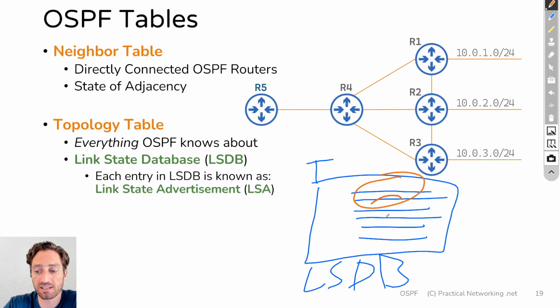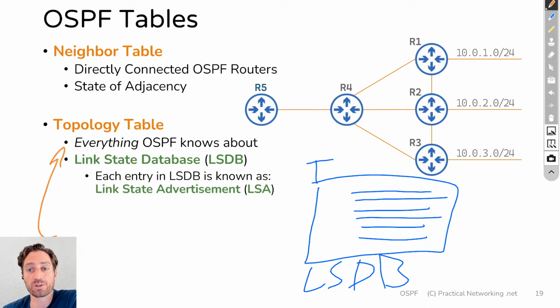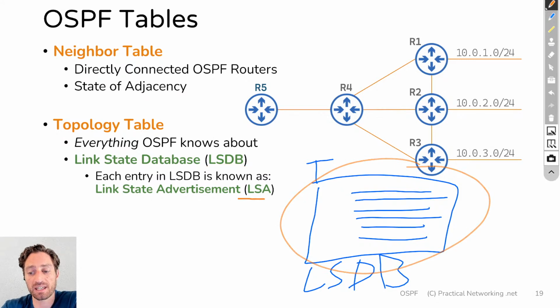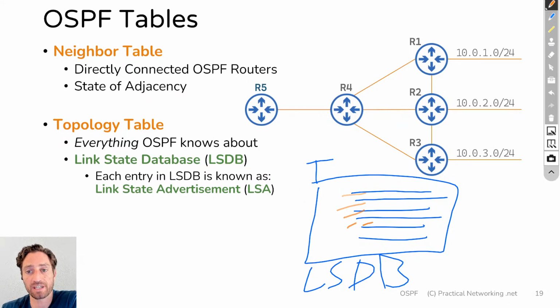So each of these is a specific LSA. Each LSA is a piece of information that OSPF knows about, and we're going to be picking apart LSAs in great detail throughout this series. So for now, just know that an LSDB is the entire table, and an LSA is the individual entries within the table.